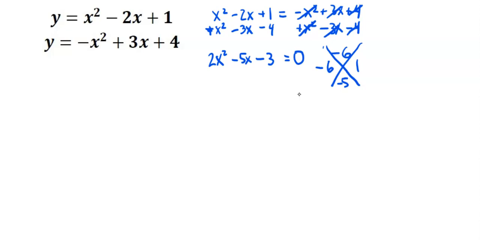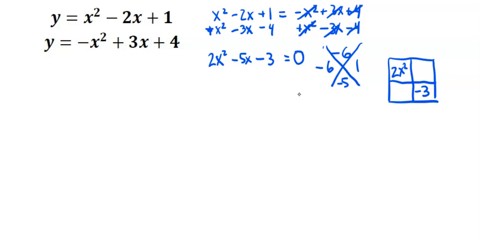So we then put this in the box, which makes it easier to factor. There are other ways you can do this, but I like using the box. In the top left box, we put 2x squared, which is just our first term. Then negative 3 we put in the bottom right-hand box.